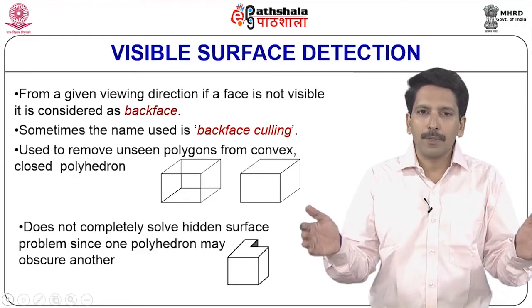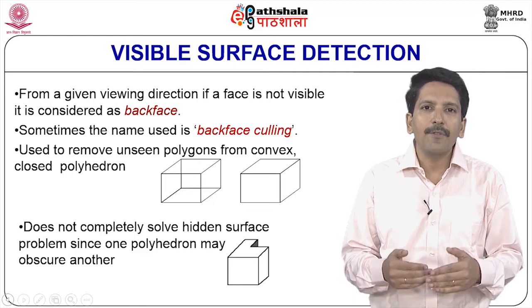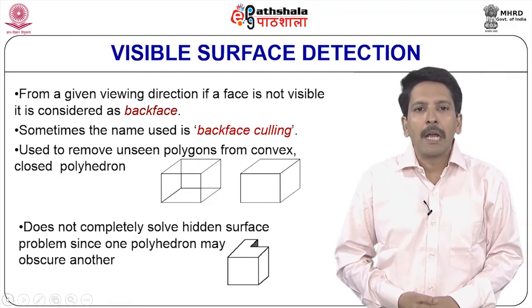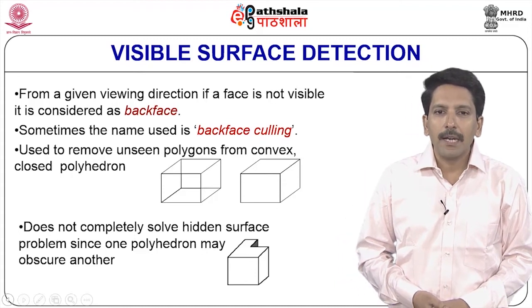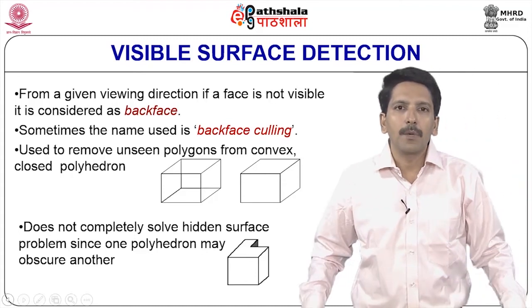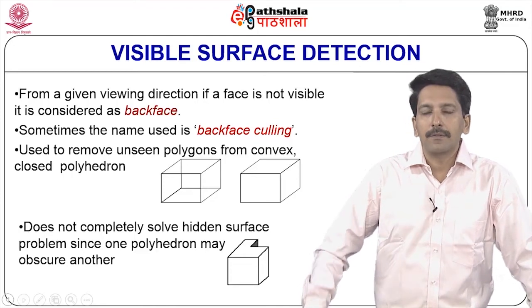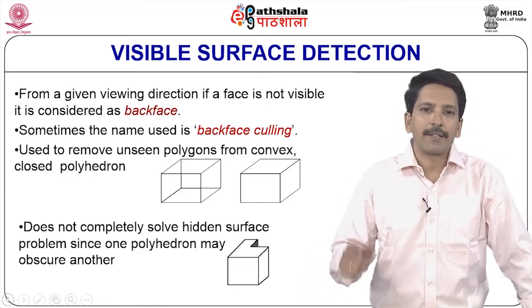You can imagine a position in the 3D world, and from that viewing position, if something is not visible, we call it a backface. Sometimes the name backface culling is used, as you will find in different books.